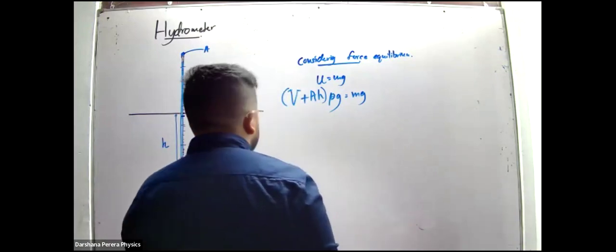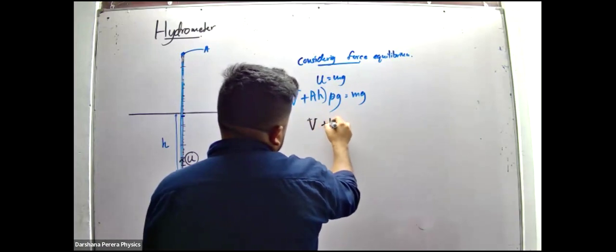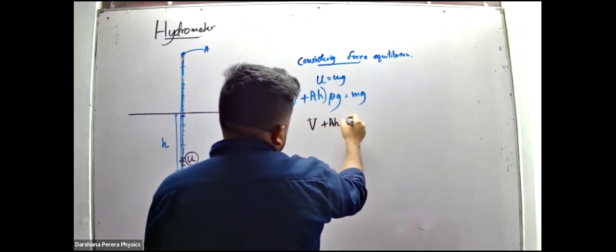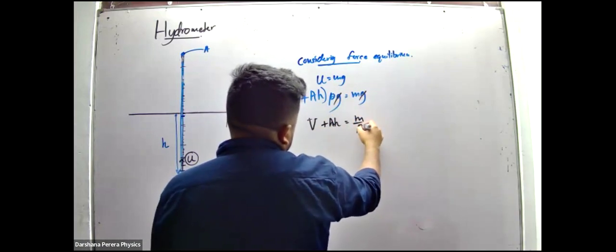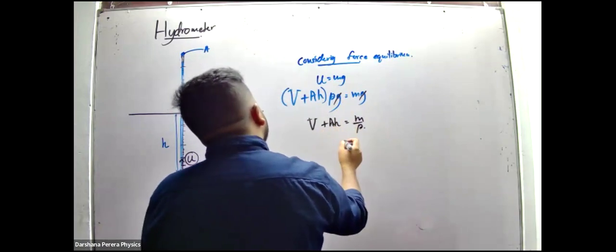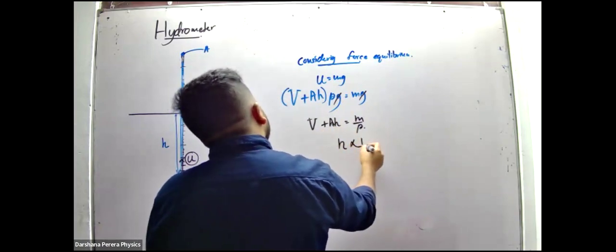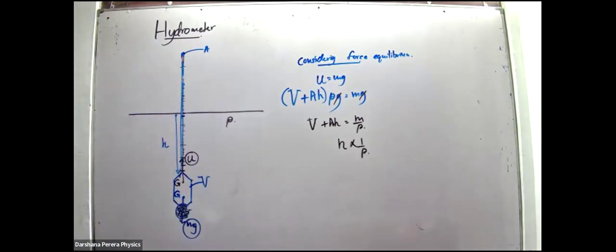So we can say A H rho g equals mg, g cancels out, H equals m over A rho. Therefore, H is proportional to 1 over rho.